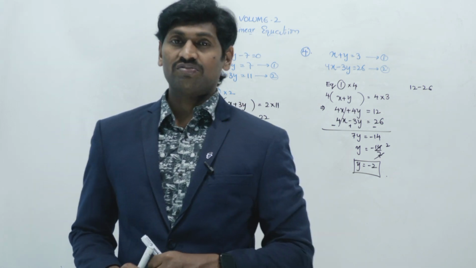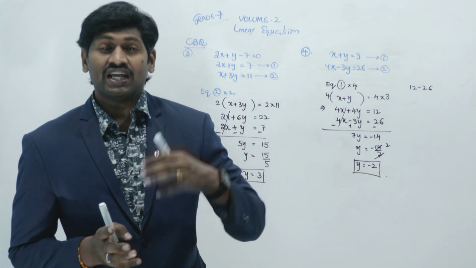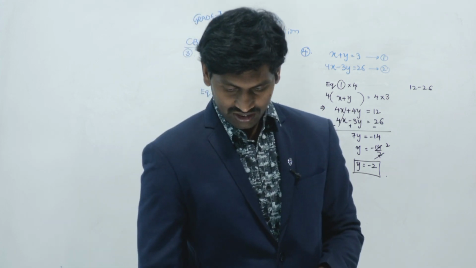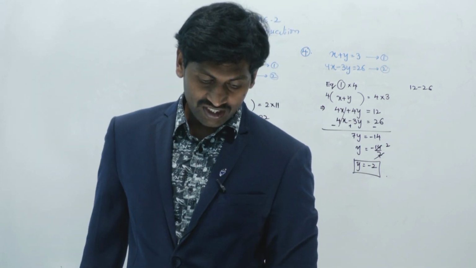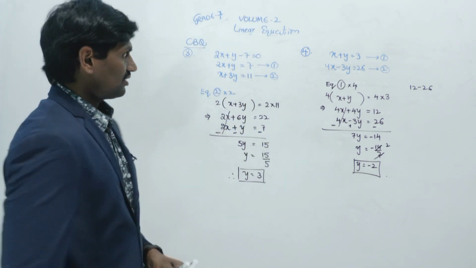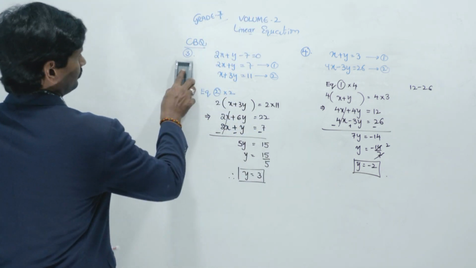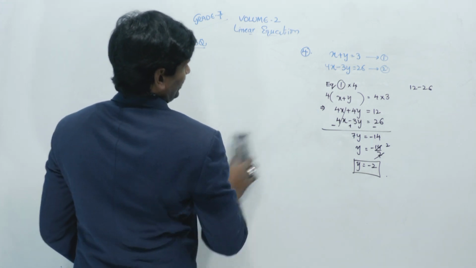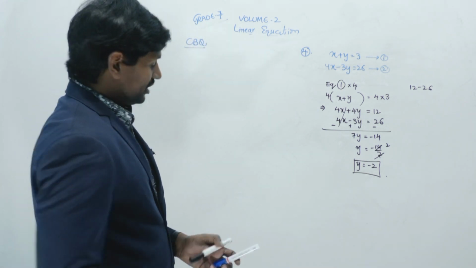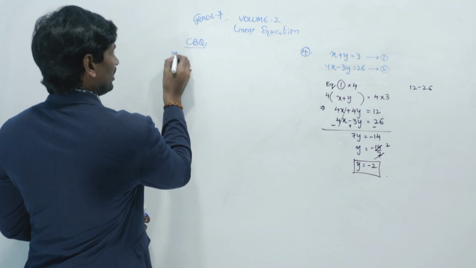So till now, the second, third and fourth problems, these three problems we discussed by using the elimination method. So let us try to find the value of the variable in question number 5 by using the substitution method. Now let us find values from the given equations.